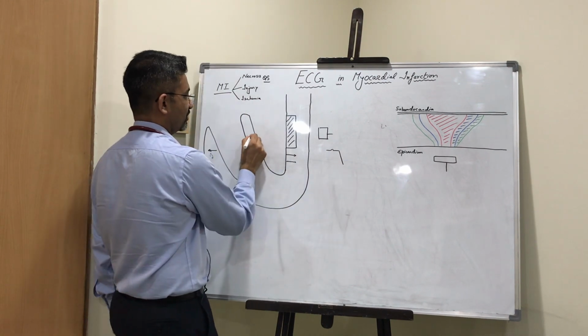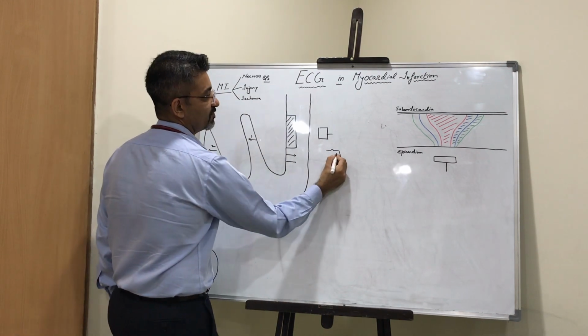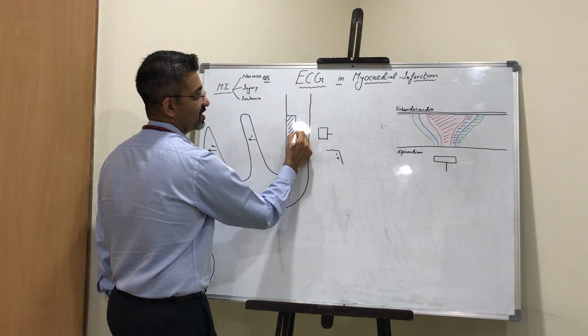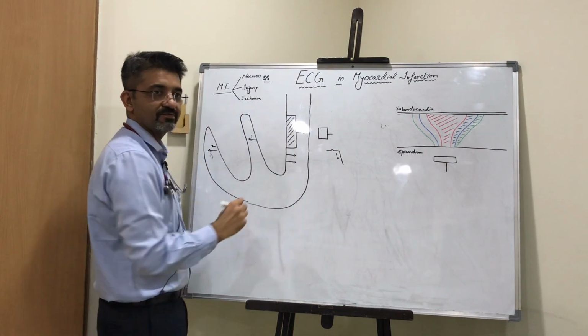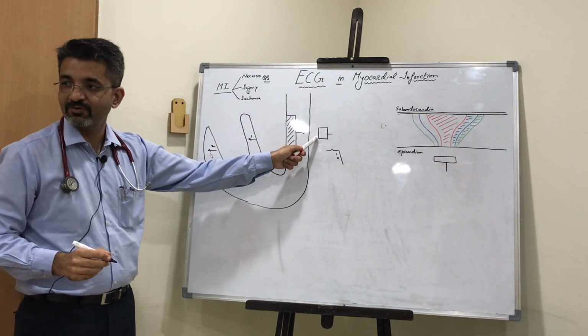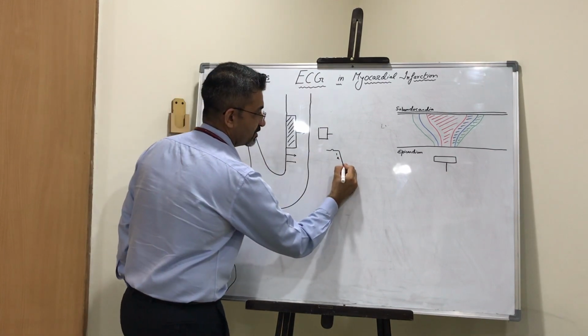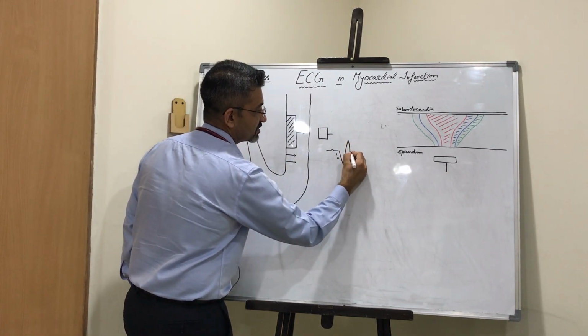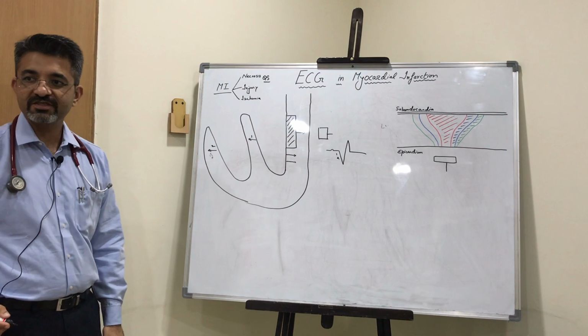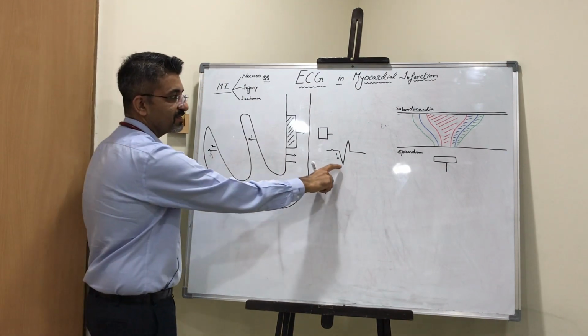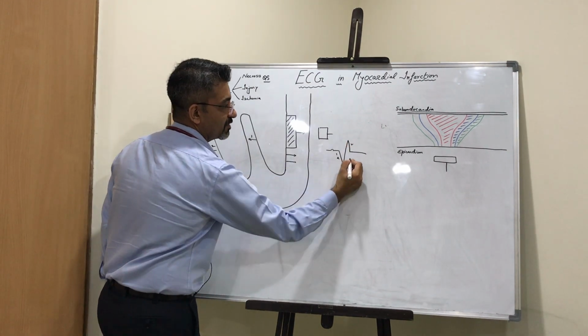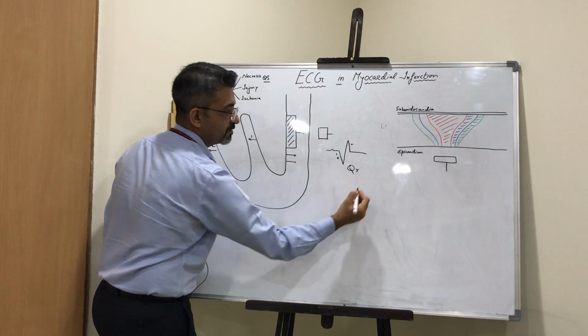I denote it as 1 and 2. Now this remaining muscle gets activated, so something is coming towards the electrode. So what will happen? We will have this pattern. This is known as QR. Q is bigger than R, so R will be smaller.